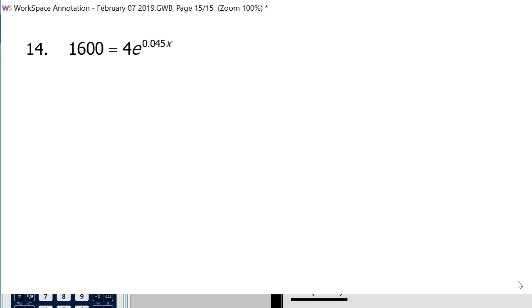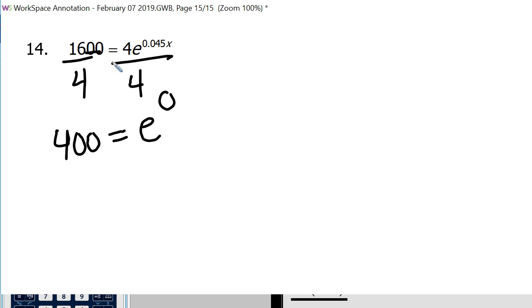E is not by itself, get e by itself, so what should we do first? Divide both sides by 4. And what's 1600 divided by 4? 400. 400 equals e to the 0.045x. What's next? Natural log both sides.